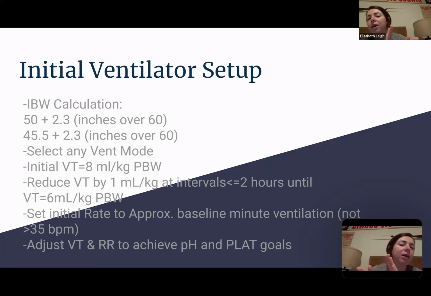And then you would select any vent mode that was appropriate for the patient. Depending on the patient, the hospital protocol, and their situation, like if they came out of surgery, a lot of times the surgeons or the pulmonologist will want them put on specific settings when they first come out of surgery.